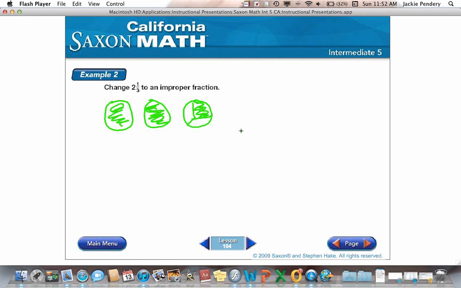So I want to change this to an improper fraction. Well, I know that this whole equals 3/3, this whole equals 3/3, and this piece equals 1/3. If I was to add these up, again my denominator doesn't change because my denominator must be the same when adding fractions. Then I get 3 plus 3, which is 6, plus 1 more is 7. So my improper fraction is 7/3.